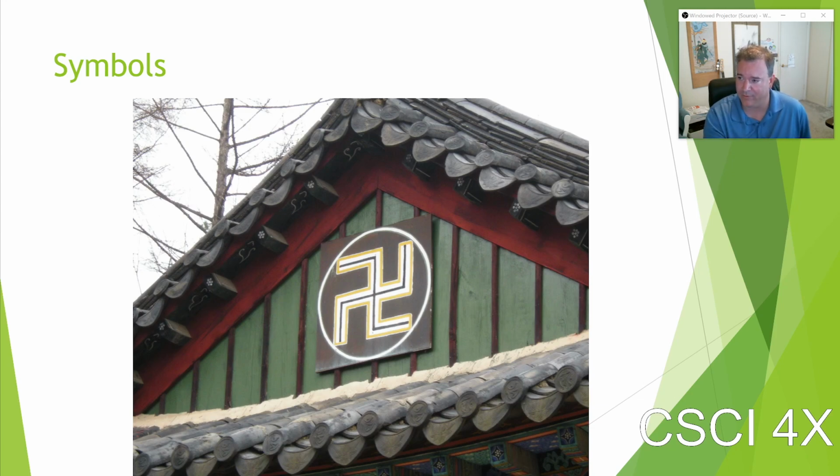They're like, it just means Buddhism, doesn't it? No, not to people in other countries. Sometimes the symbol has two very different meanings, right? In Japan, it has a very positive association with Buddhism, and in Europe, people would be like, so yeah.